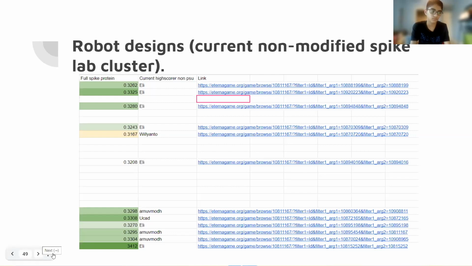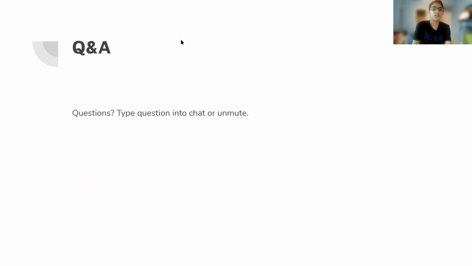Okay. Does anybody have any questions about the robot designs? The name is based off of the college graduate in Reju's lab who came up with the designs. Arboretum.